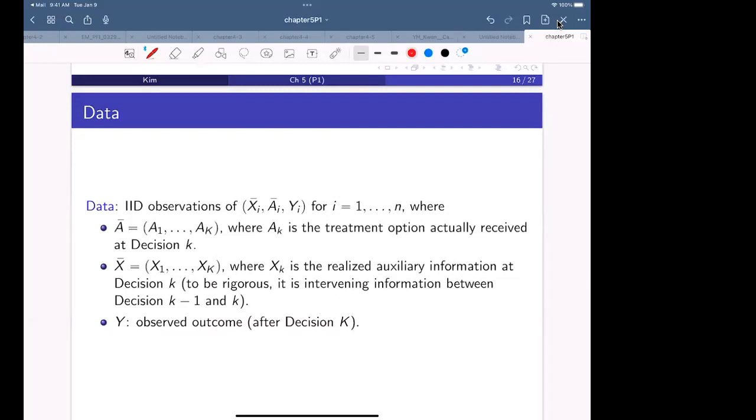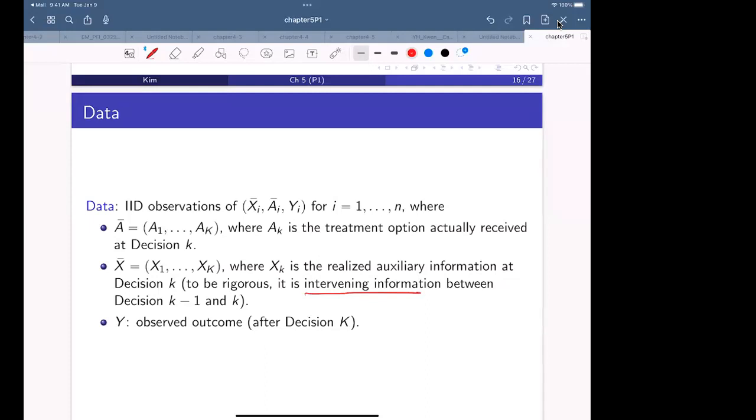A k is the option actually received at decision k, and this is not the potential, this is the realized. X k is the realized auxiliary information at decision k. To be rigorous, the textbook uses the term intervening information, basically auxiliary information at time k.